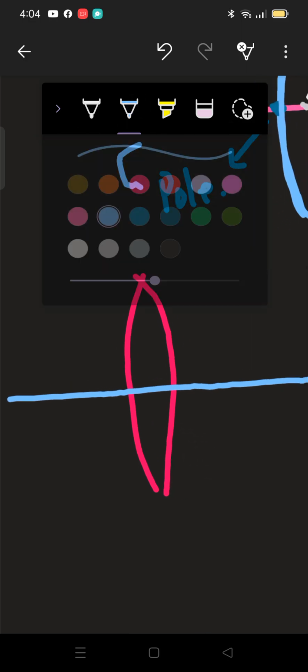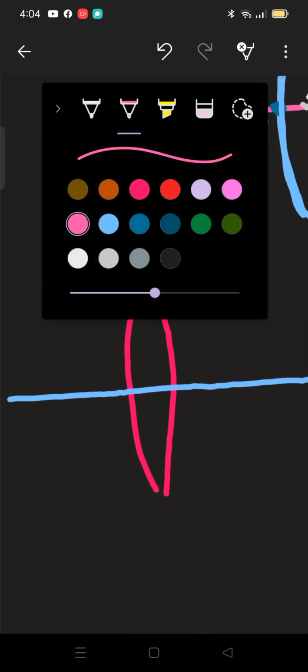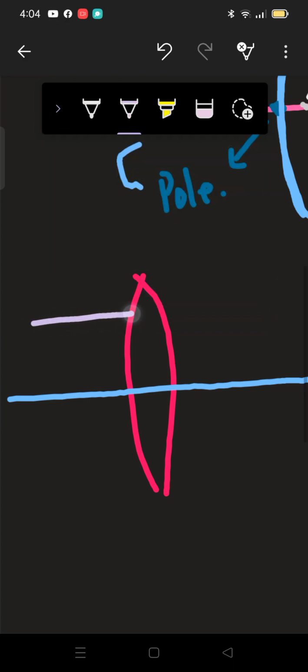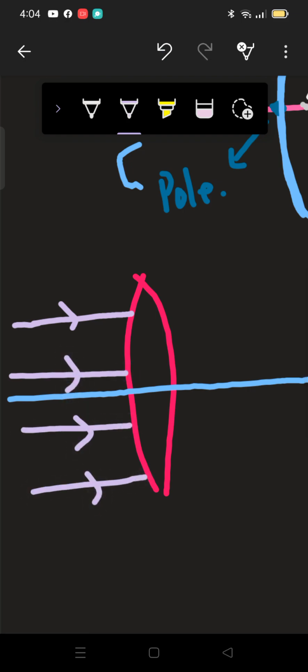If I make parallel rays here, like rays from an image at infinity, they would always converge, because this is a convex lens.